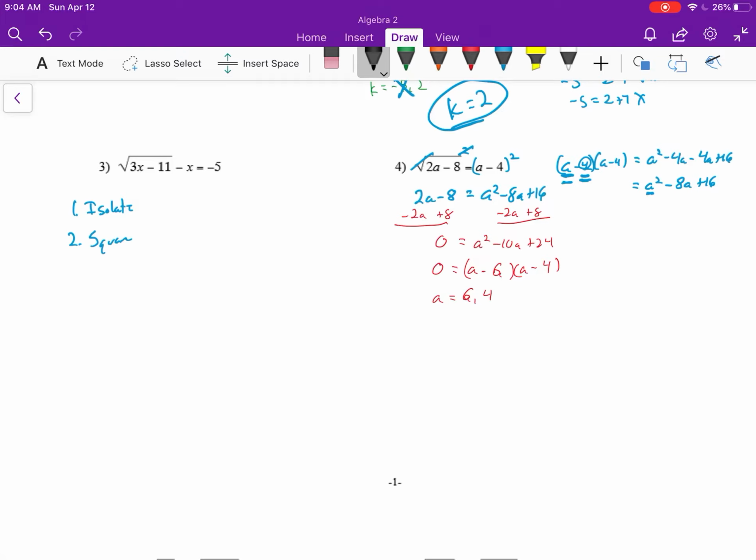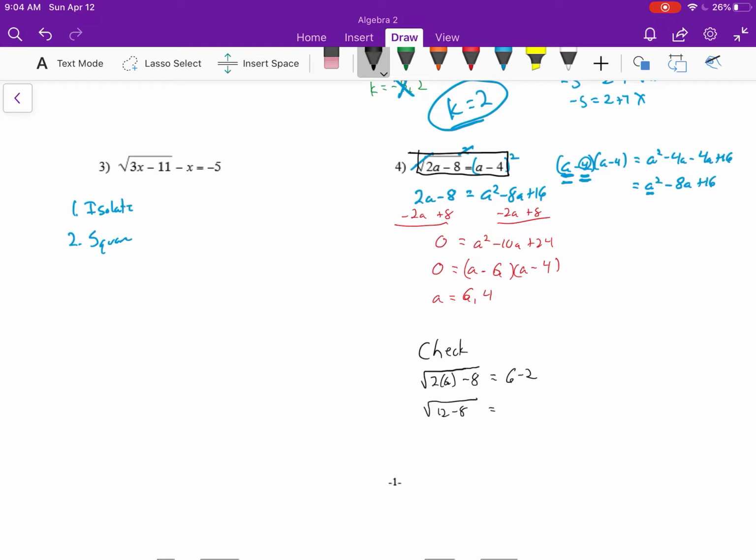We have to check our answers to see if they work. One could work, both could work, or neither could work. So let's check them. We're going to put it back into the original. Make sure you're careful. We have some other writing up there. So it's the square root of 2a, so 2 times 6 minus 8 equals 6 minus 4.